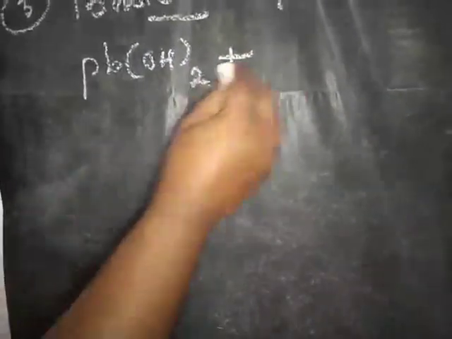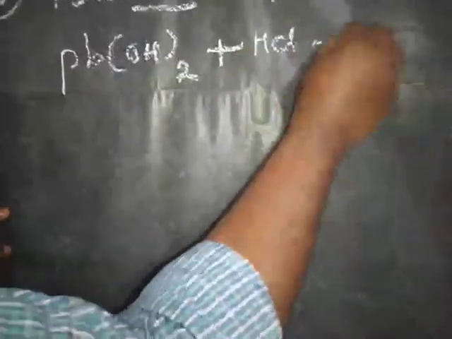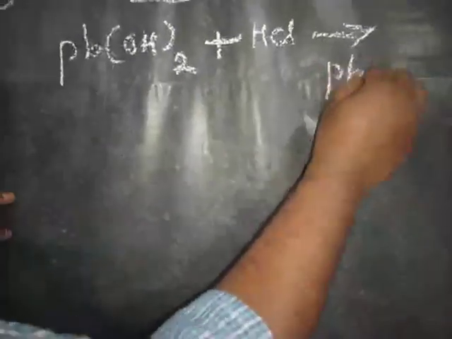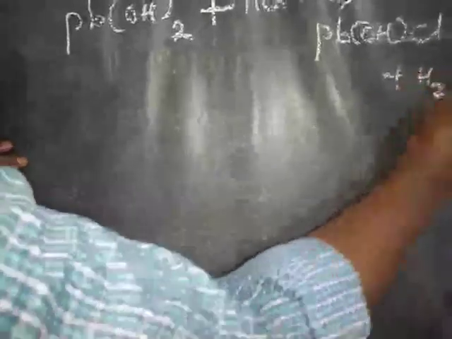For example, Pb(OH)2 plus HCl to give PbOHCl plus water.